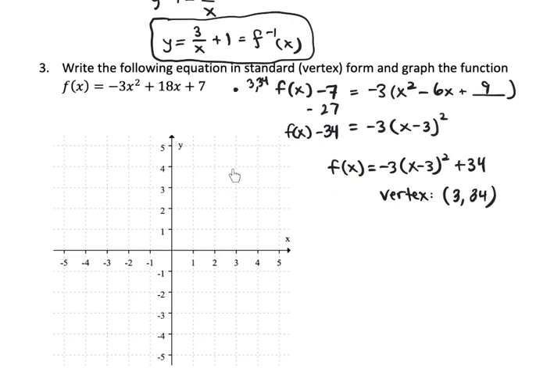Excuse me, and then we need to have points on either side. So I'm going to choose x equals 2. 2 minus 3 is negative 1. Negative 1 squared is 1. 1 times negative 3 is negative 3. Negative 3 plus 34 is 31. So x equals 2, y equals 31.